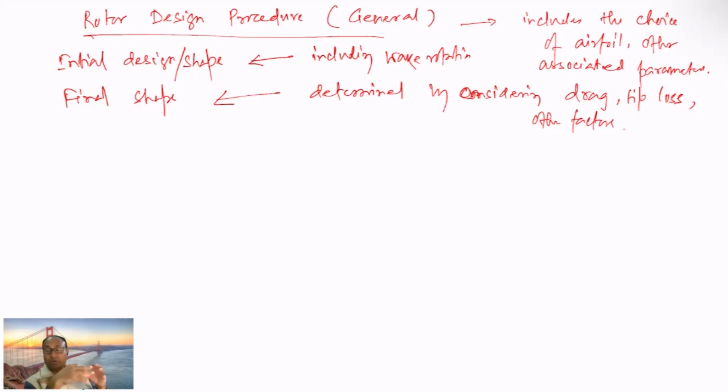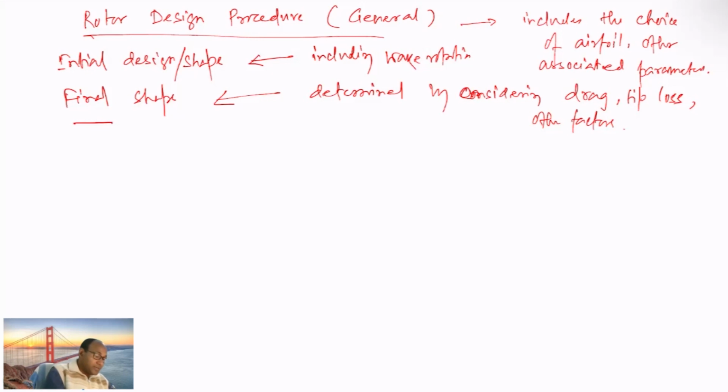That time you consider all your drag loss, tip loss, and other manufacturing constraints, so that the twist or the chord at different sections could be allowed to have proper tolerance. So there is a two-stage procedure. You have some initial design, and then you consider each of these issues that you encounter in practice, and then go to the final step.